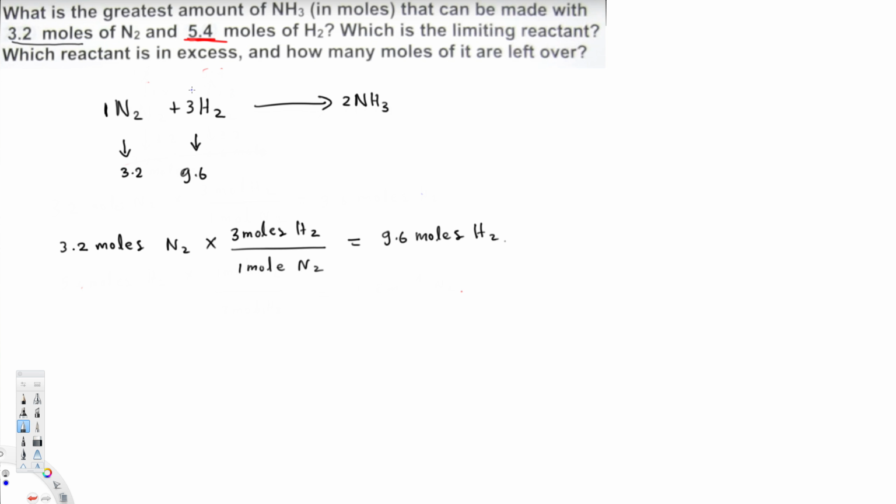Second information, they have given 5.4 moles of H2. So how much N2 will it require to finish all these 5.4 moles of H2? Let's calculate that one. 5.4 moles of H2 times, since we are trying to calculate N2, that's going to be on top, 1 mole of N2, and here we have 3 moles of H2.